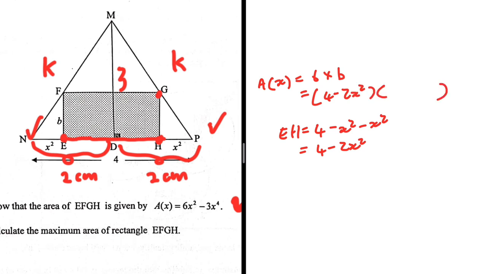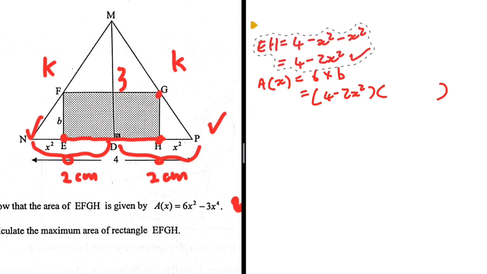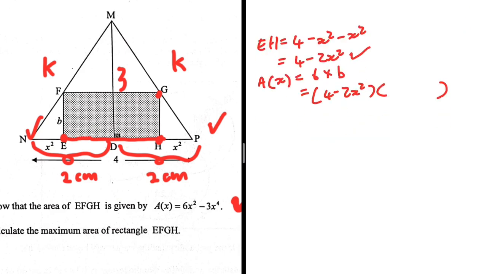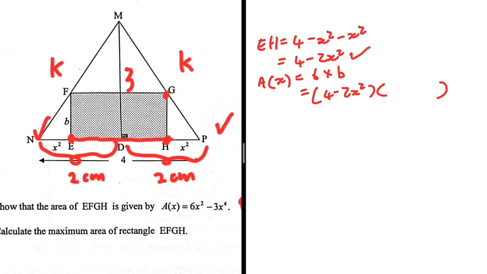That is the length. So all we need now is just the breadth, and we have the area in terms of x. Maybe we need to include this as part of our solution, so let's put it up there before the actual formula for the area, because we need to show how we got the length.